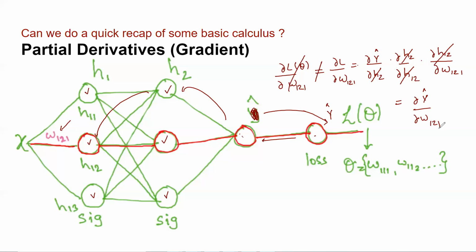But this neuron which is between H2 and Y hat doesn't have any. It should have H3 there, no? The one on the right side, before Y hat.